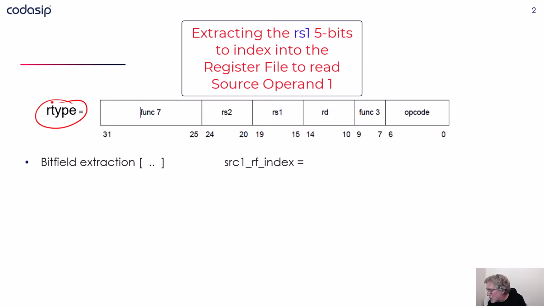So I'm going to write R-type, and then open bracket, and then the most significant bit, 19, two dots, and that's part of my extraction operator, the lower bit number, 15, and I got my semicolon. That's how you're going to extract that bit field.